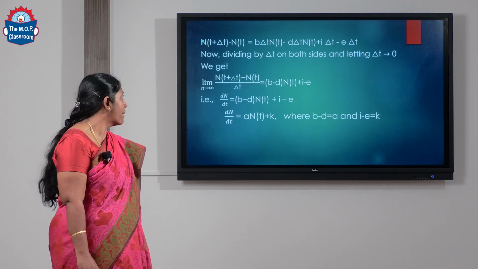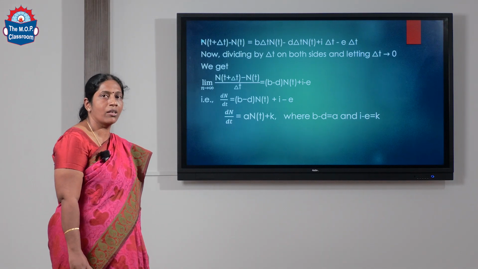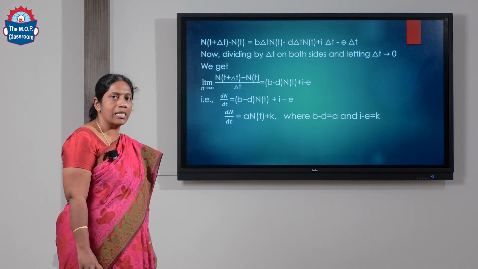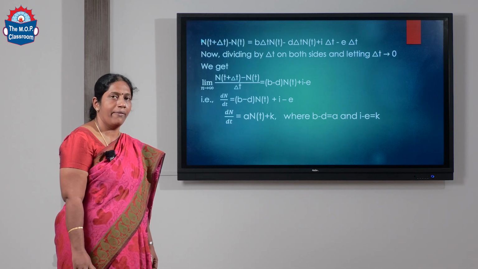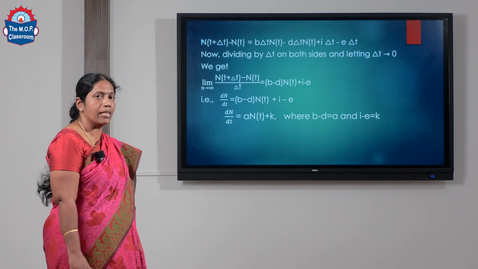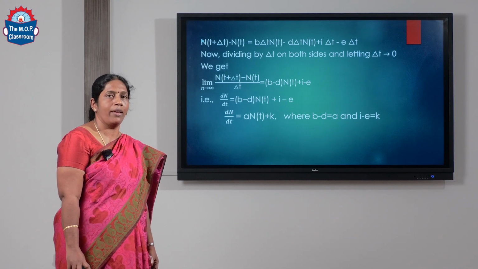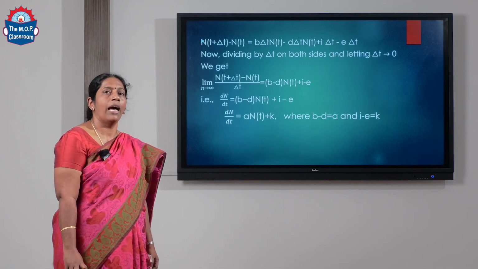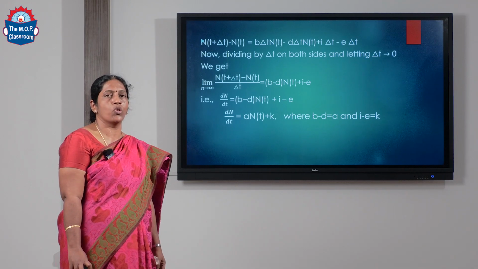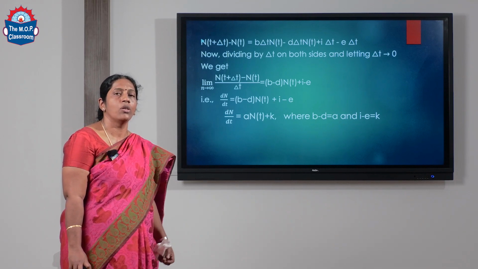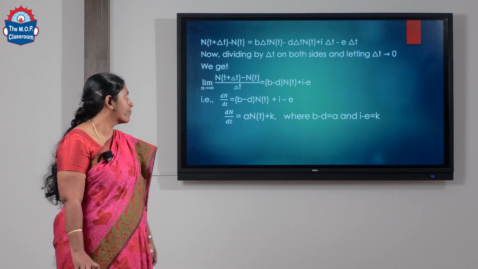Now replacing b minus d with another constant a, and I minus E with k, we have dN/dt equal to a N(t) plus k, which is the differential equation for this particular model. Again, it is a first order differential equation and can be solved using the variable separable method.